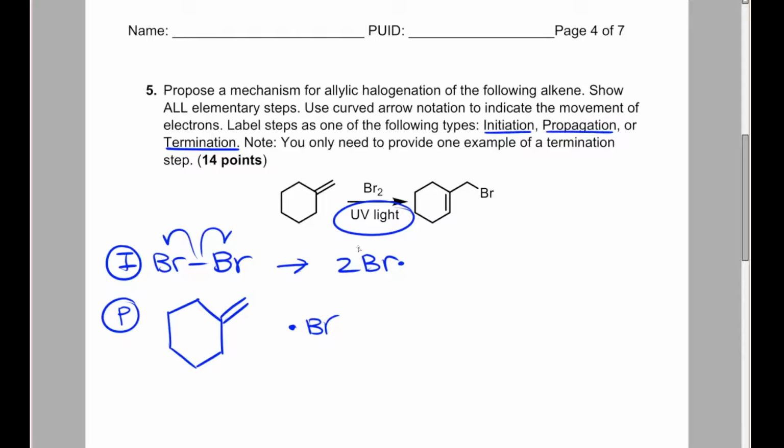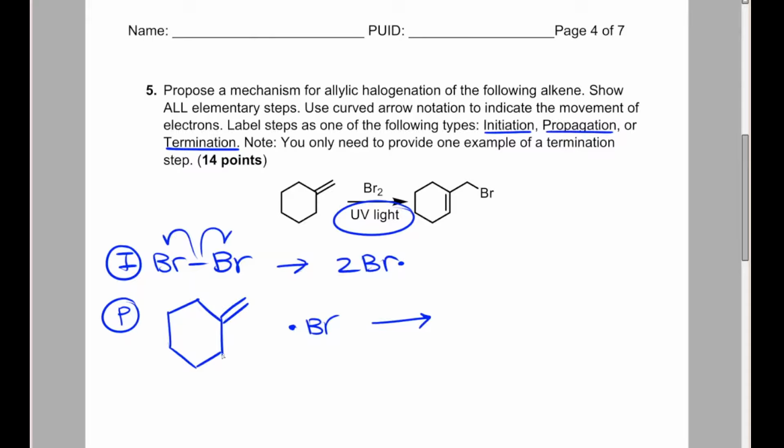We want to react it in a way that results in the radical ending up here. We don't want it to end up on this side because vinyl radicals, or radicals that are on carbons with a double bond, are not as stable as allylic radicals, where there's going to be a single bond in between that radical and the carbon that's bonded to a double bond. So we're going to want this radical to end up here on the other side of the arrow.